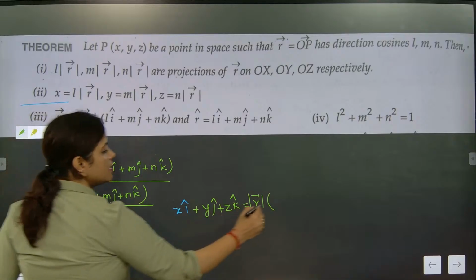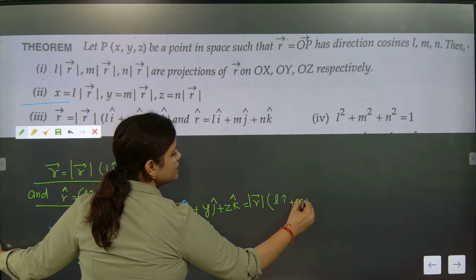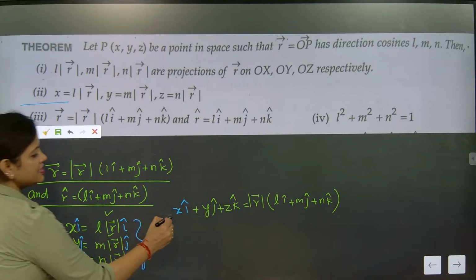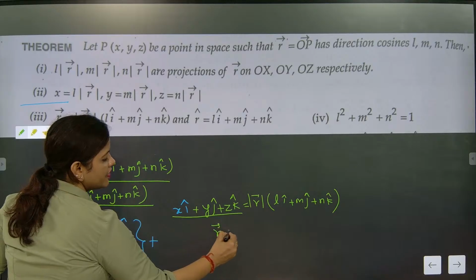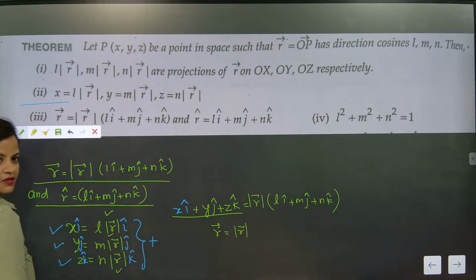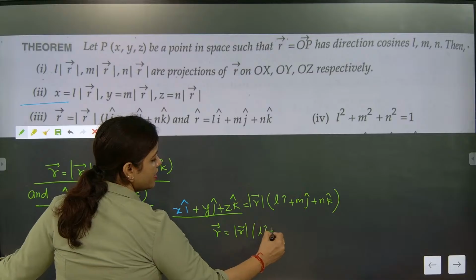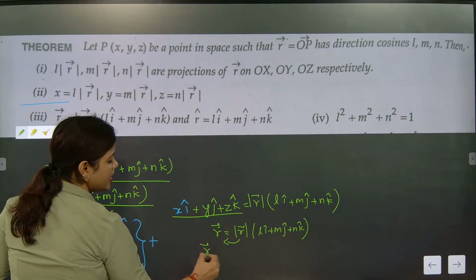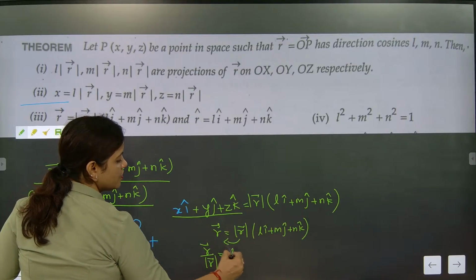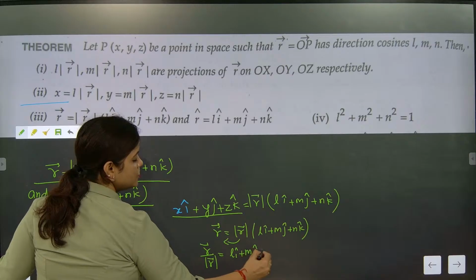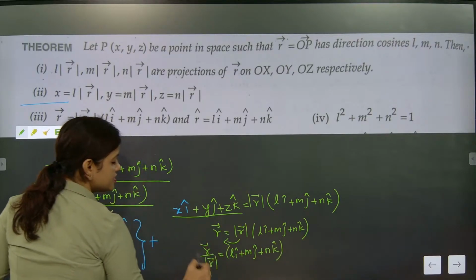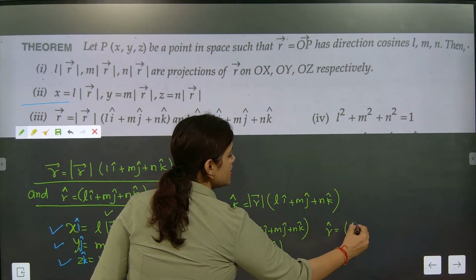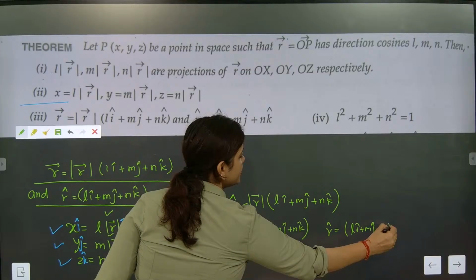Now xi plus yj plus zk is the R vector, and here li plus mj plus nk. Now shift this to this side: R vector by magnitude of R vector is equal to li plus mj plus nk, and this is nothing but the R unit vector. So R unit vector is equal to li plus mj plus nk. We solved it.